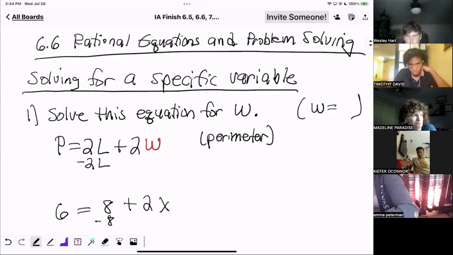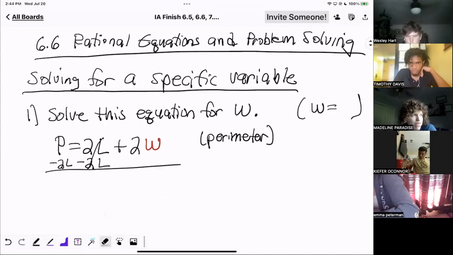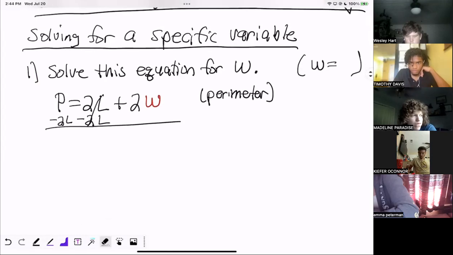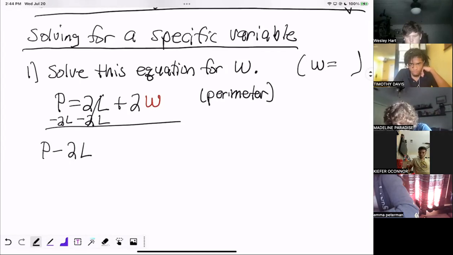Subtract 2L, subtract 2L, because I'm trying to get to W. Because P and 2L are not like terms, I cannot put them together, and it is just P minus 2L equals 2W.